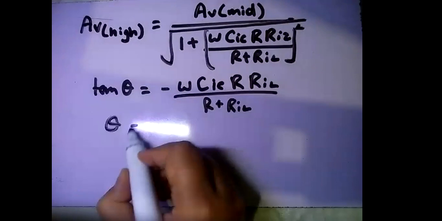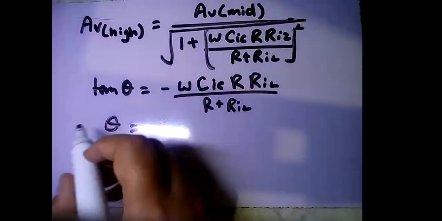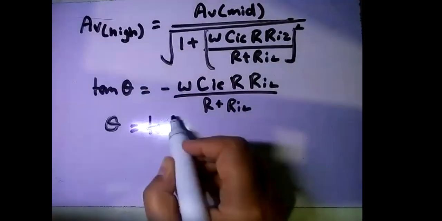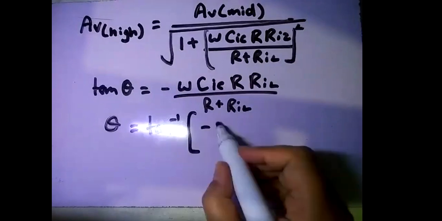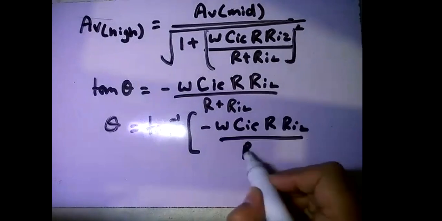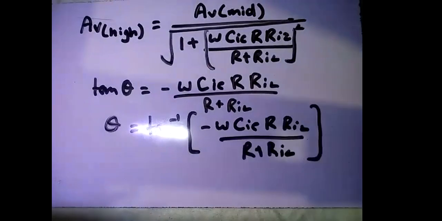So we will be writing the negative sign here to represent that. So you can measure the phase angle for the high frequency response. It would be minus omega CIE R RI2 divided by R plus RI2. So the total phase shift will be measured by 180. As you know, the mid frequency response has a phase shift of 180 degrees.